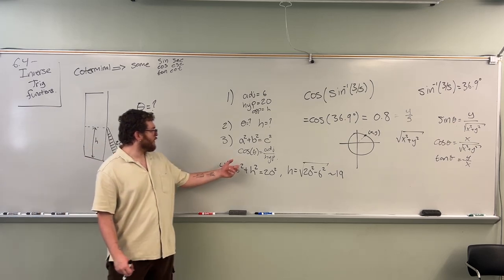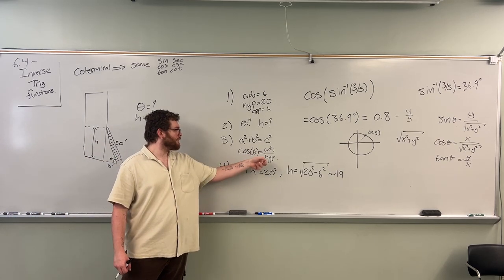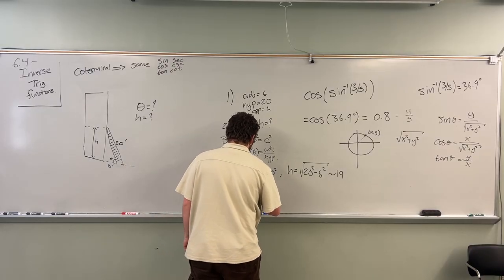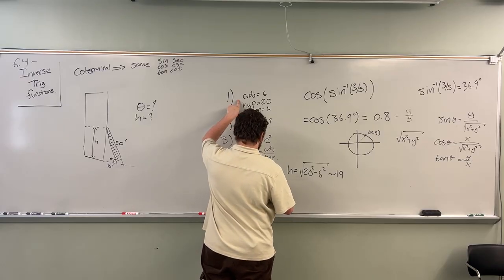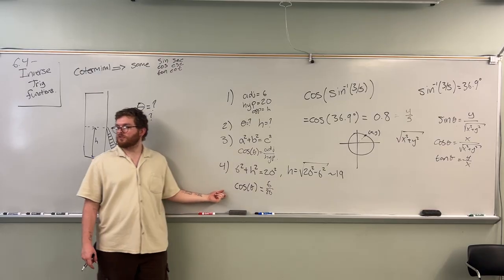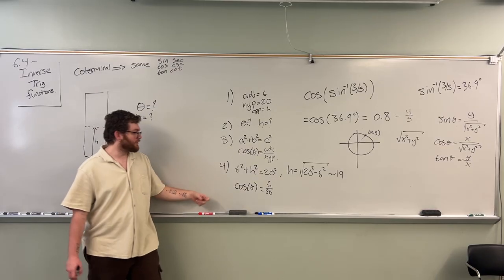And I can also plug in my stuff to find out my angle. I have cosine of theta equals adjacent 6 over hypotenuse 20. Solving for theta, what do I do to both sides? Inverse cosine.